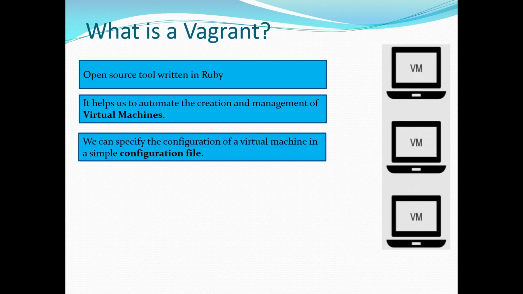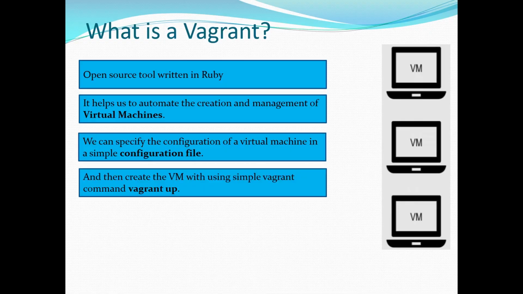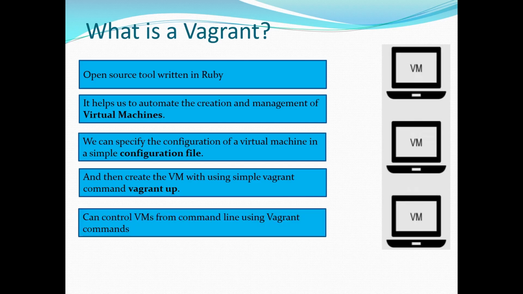You can specify the configuration of a virtual machine in a simple configuration file called the Vagrantfile, and create the VM using a simple command called vagrant up. You can control VMs from the command line using Vagrant commands. There are lots of commands that you don't have to remember. Some of them I'll tell you in this tutorial.